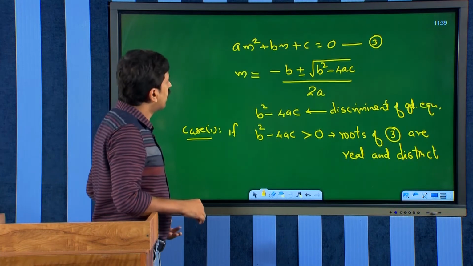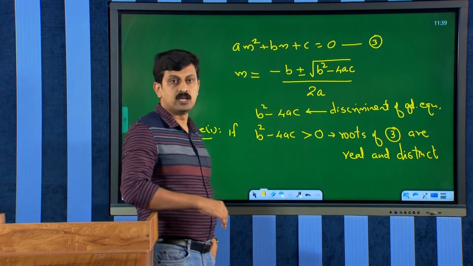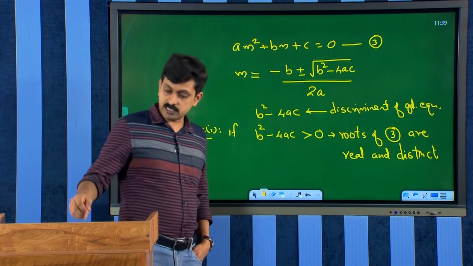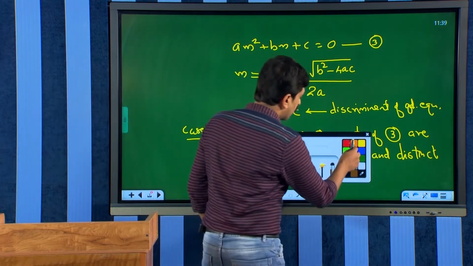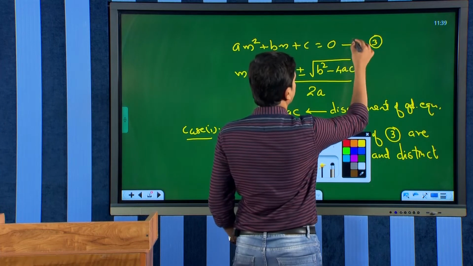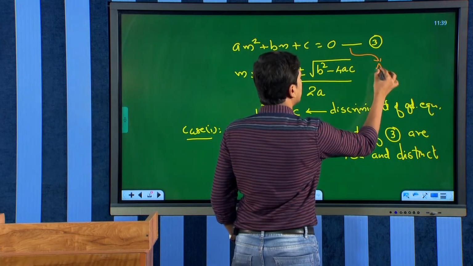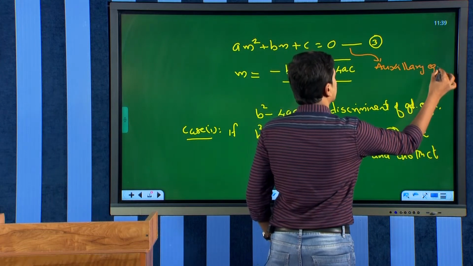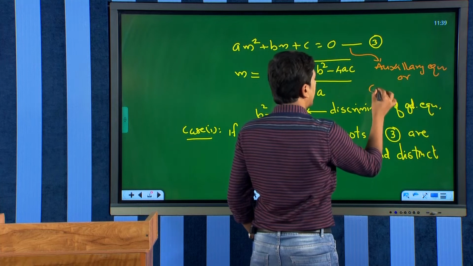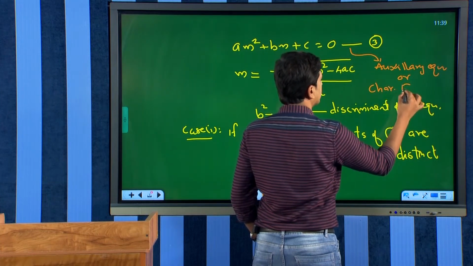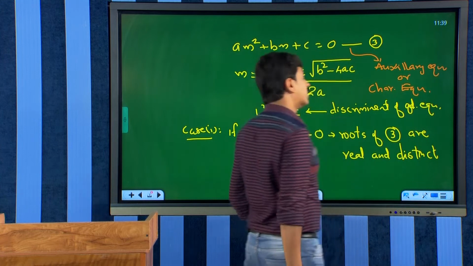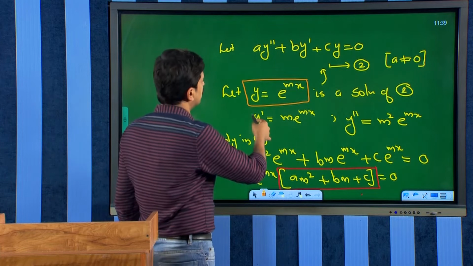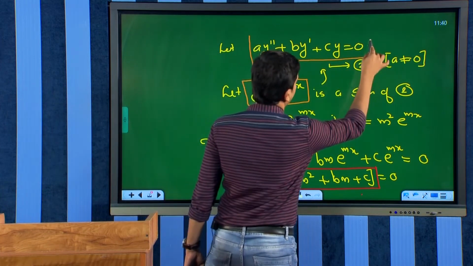See, again I come back to the quadratic equation a m square plus b m plus c equal to 0. This is what is called the auxiliary equation, or characteristic equation, of the given differential equation with constant coefficients, that is a y double dash plus b y dash plus c y equal to 0.